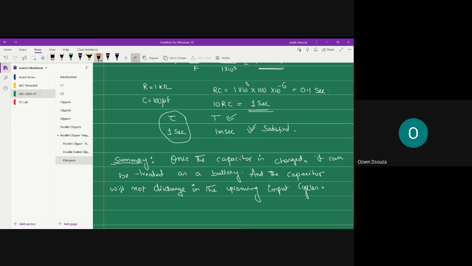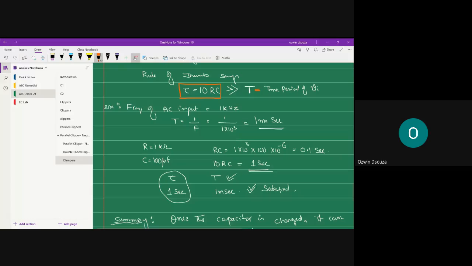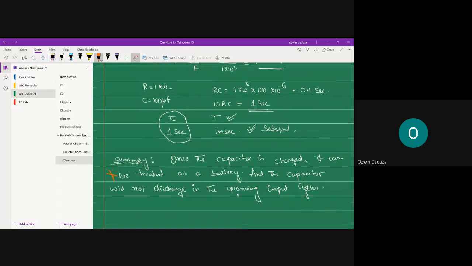In the next class, I'm going to teach you the operation of the clamper on this basis. Once the capacitor is charged, by satisfying this condition, that is by choosing a very high time constant, it cannot discharge for any of the upcoming input cycles.